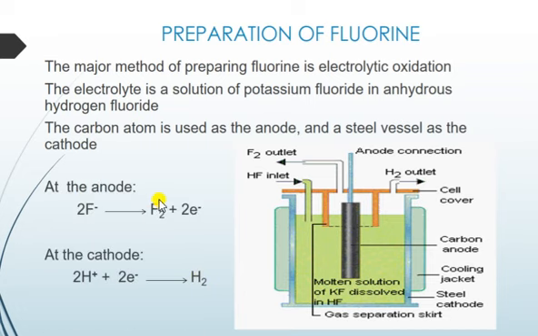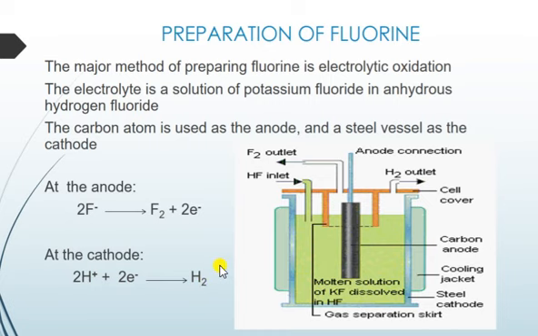We said fluorine gas is formed at the anode and hydrogen gas at the cathode. This is the reaction that occurs at the anode, leading to the formation of fluorine gas, and also the reaction that occurs at the cathode, leading to the formation of hydrogen gas.